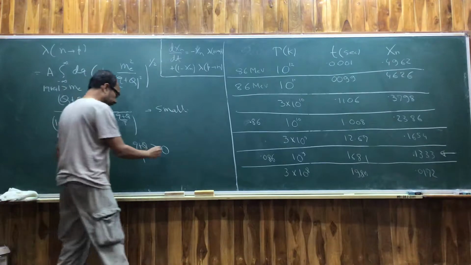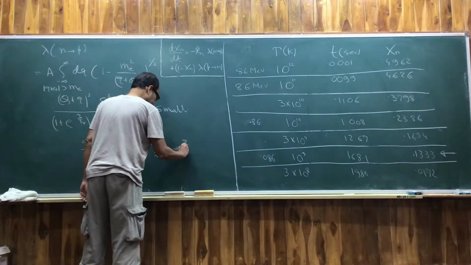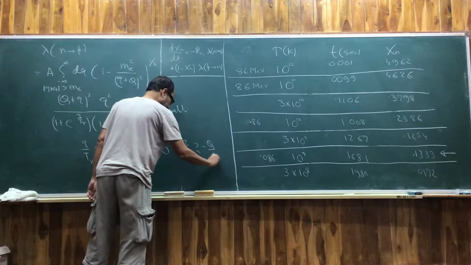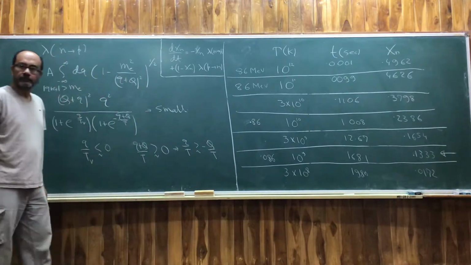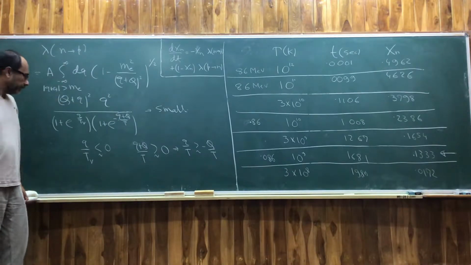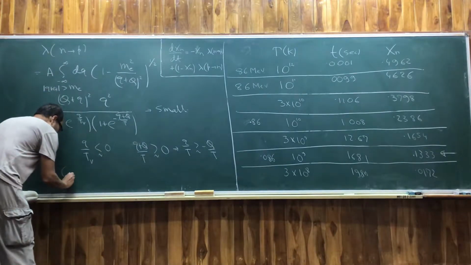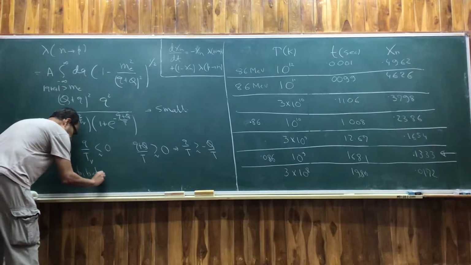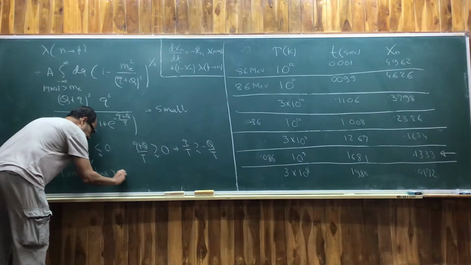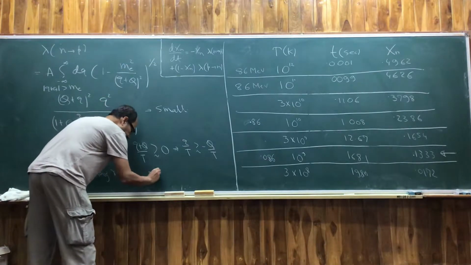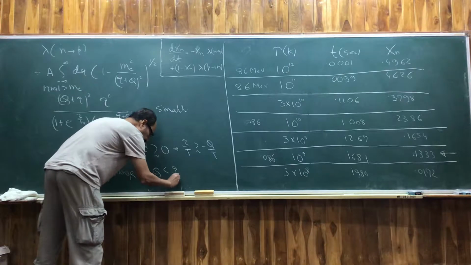So this can be translated by saying that q over T is greater than or equal to minus Q over T. Roughly the contributing range is minus Q less than q.